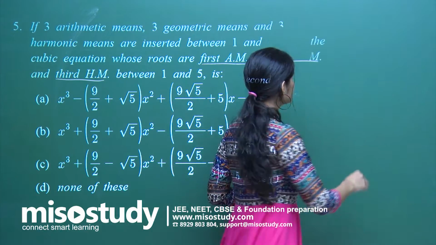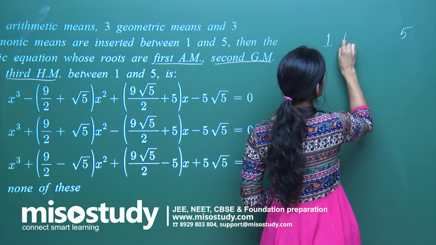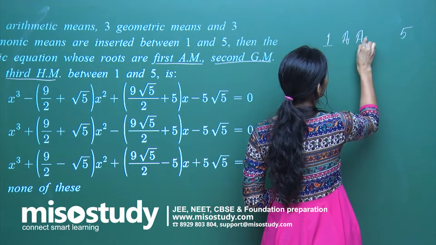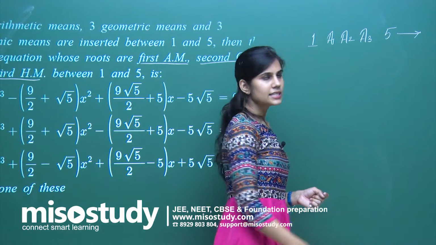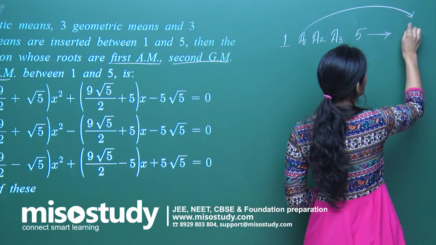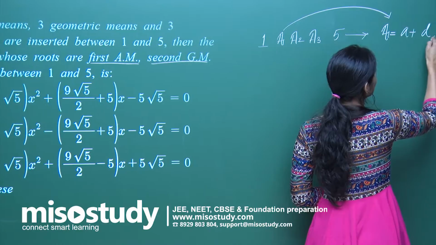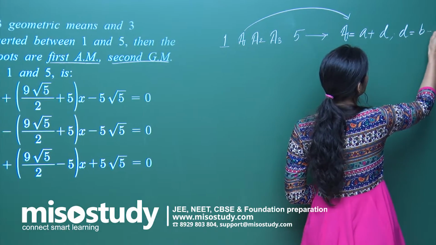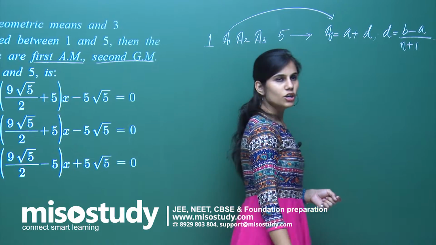So the situation is, this is 1, this is 5, with A1, A2, A3. 3 arithmetic means are inserted. I am only interested in the value of the first arithmetic mean, which is A plus D, where D is B minus A upon N plus 1. So what is A1?